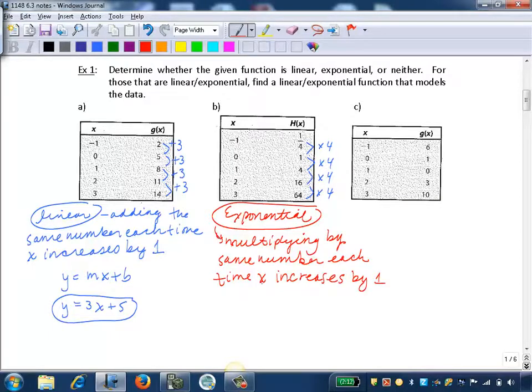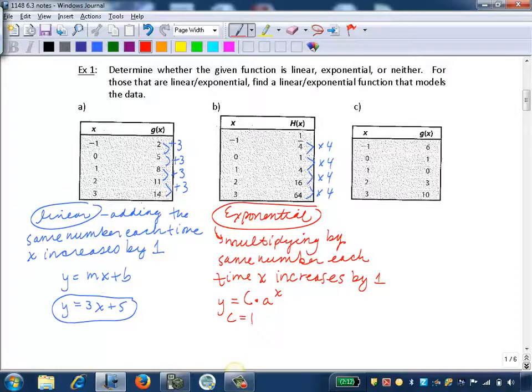Okay, so to come up with the equation of this function, remember the general form of an exponential function is that y equals c times a to the x power. So that c, remember, is the initial value. That's the value of the function when x is 0. So according to this table, that would be a value of 1. So we can say our c is 1.